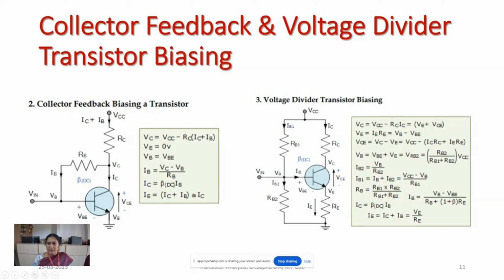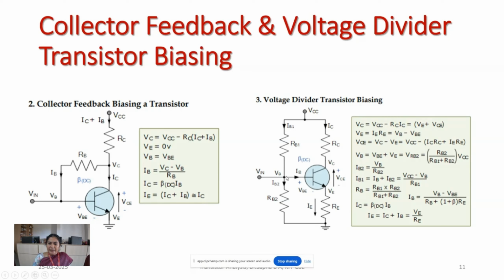Similarly, VE will be equal to IERE, the current across the emitter resistor times its resistance. IERE equals VE, and that is also equal to VB minus VBE. These are both equal. Similarly, VCE is VC minus VE, which is also equal to VCC minus ICRC plus IERE.